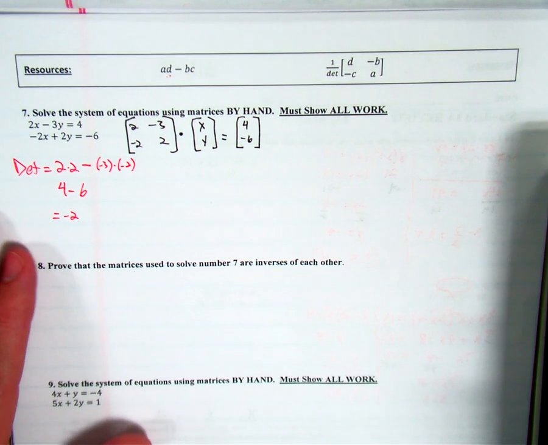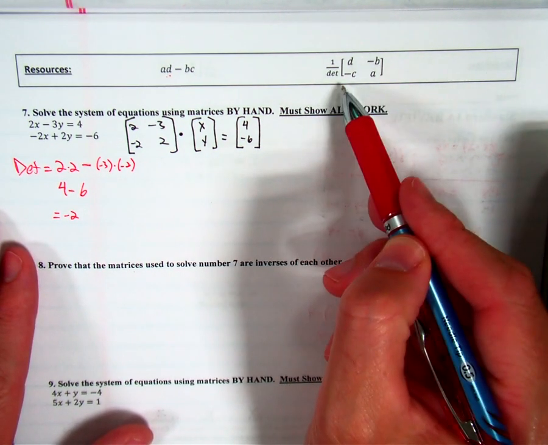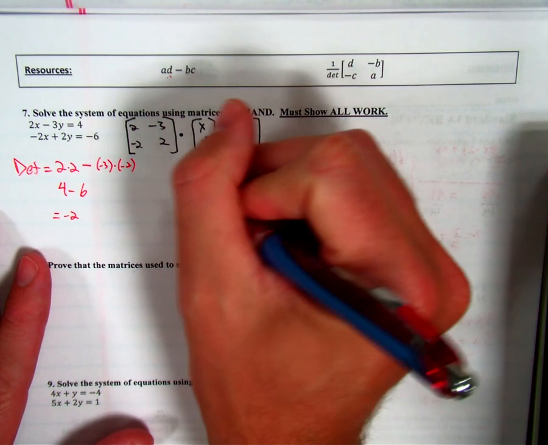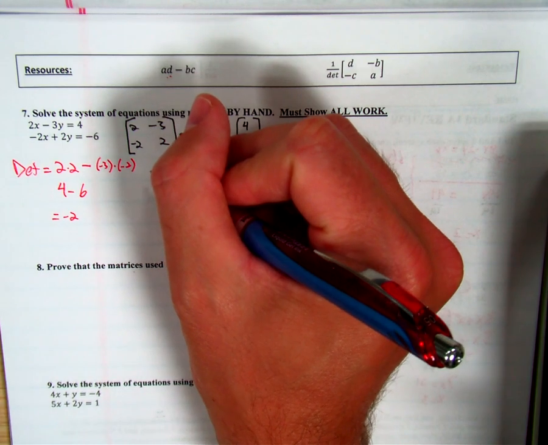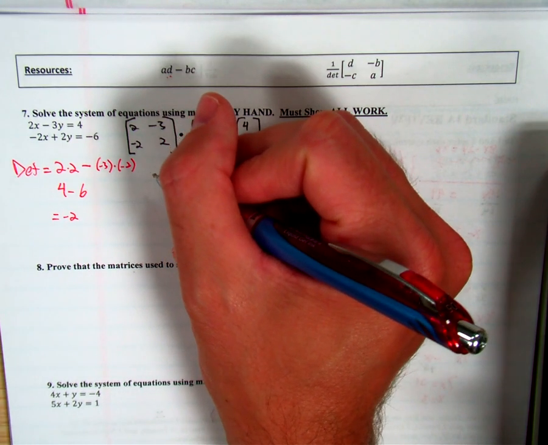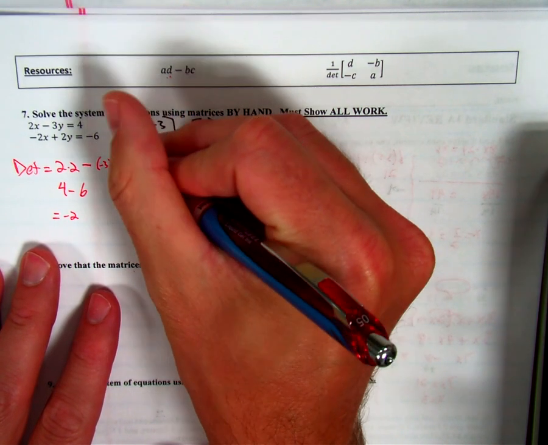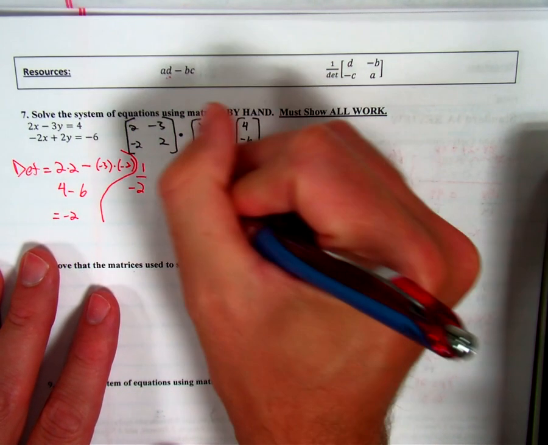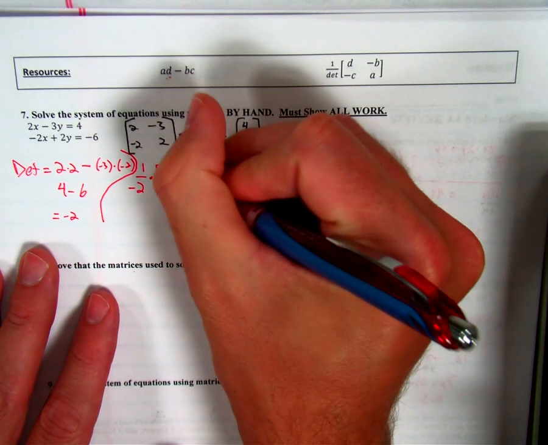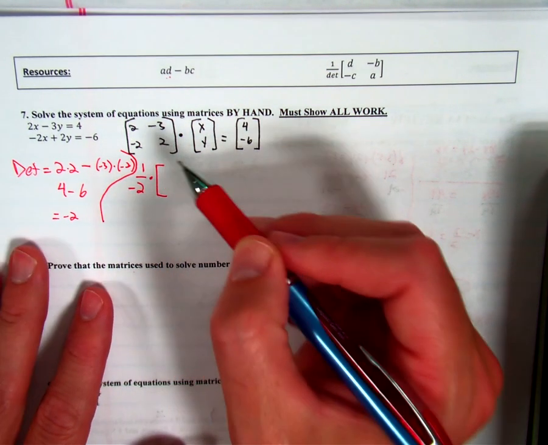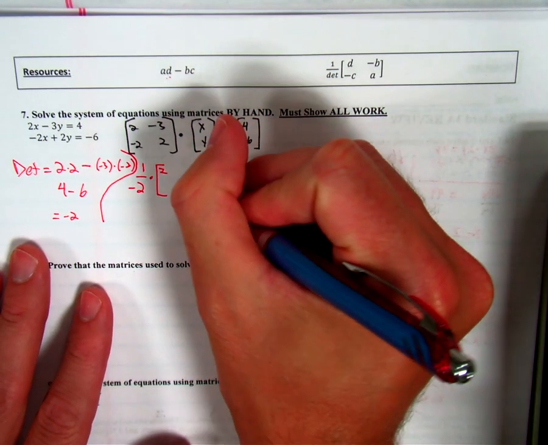Your inverse formula is 1 over the determinant. So we'll have 1 over negative 2 times these two flip-flop spots, and you won't be able to tell what's going on because they're both 2's, but they traded spots.